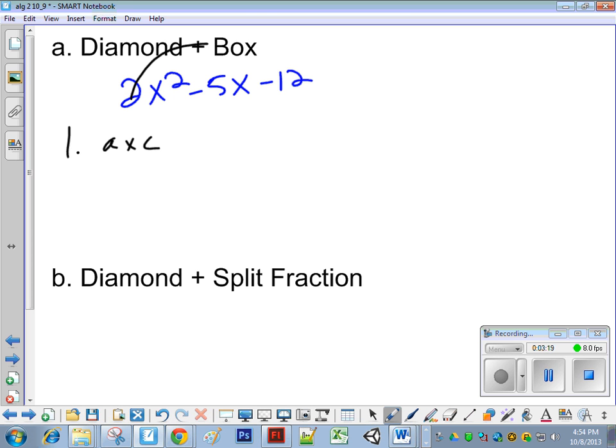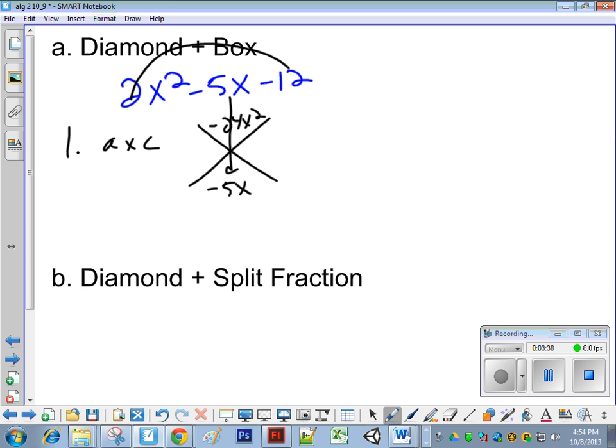That's going to be 2x squared times negative 12. That goes at the top of the diamond, so negative 24x squared. The middle term, the negative 5, will go directly down here, negative 5x.